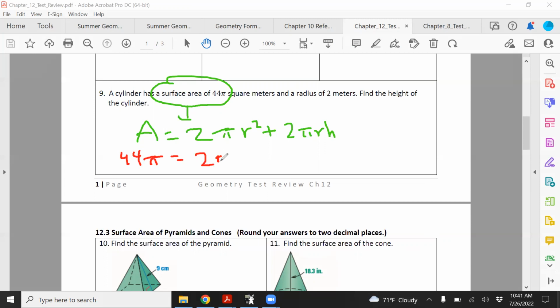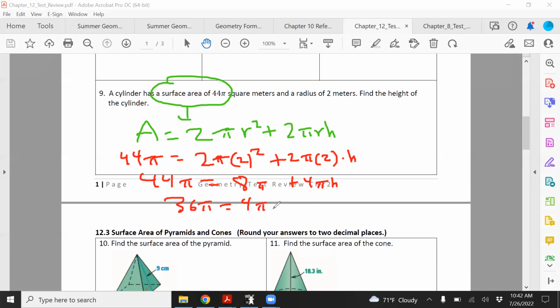Radius is 2. So 44 pi. So you should get that.